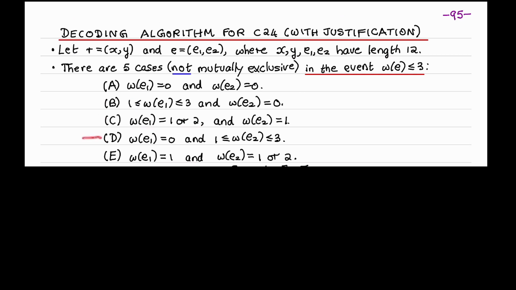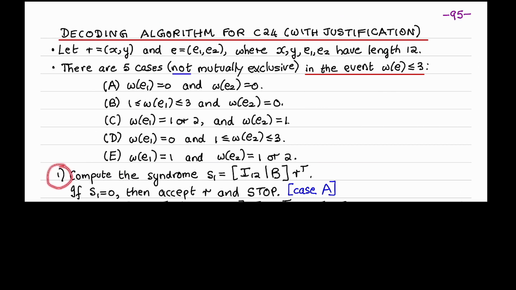Type D is symmetric to type B, and type E is symmetric to type C. You can check that these 5 cases cover all kinds of error vectors of weight at most 3, and that these 5 cases are not mutually exclusive.